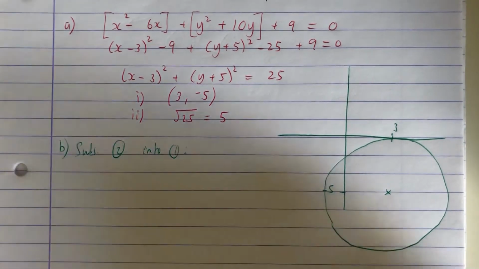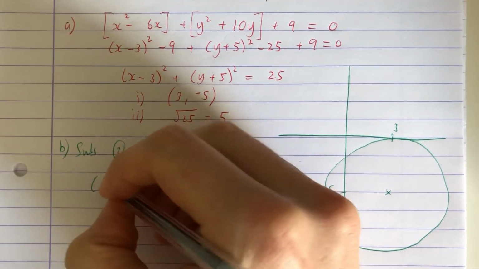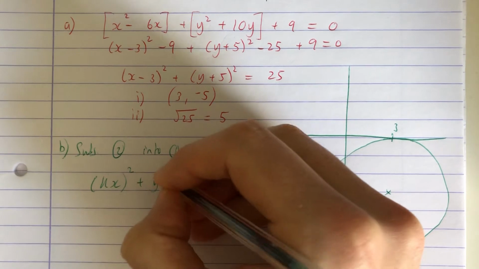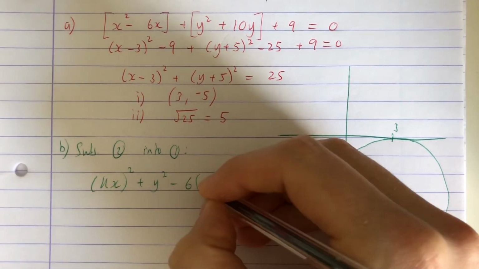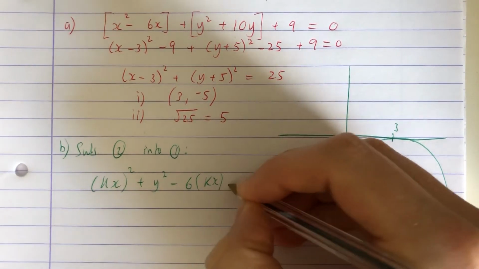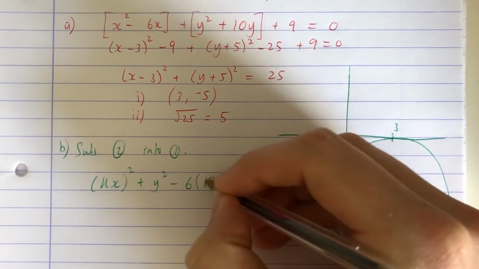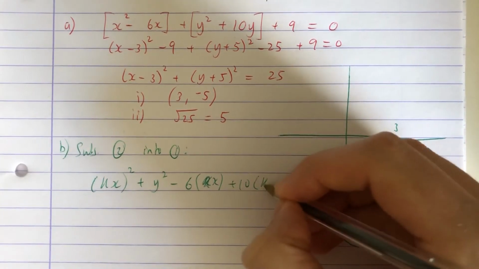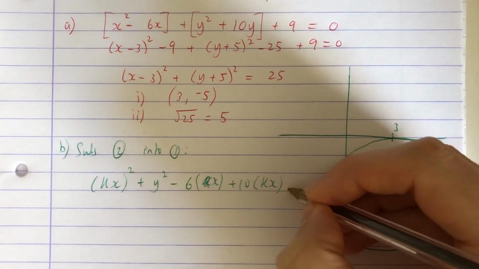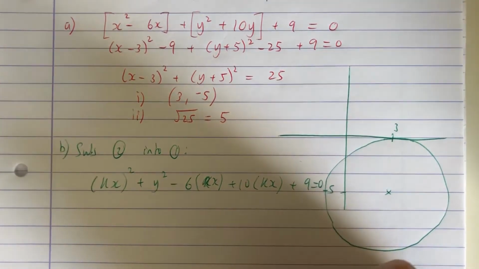and you get (kx) squared plus x squared, subtract 6x plus 10kx plus 9 is equal to 0.